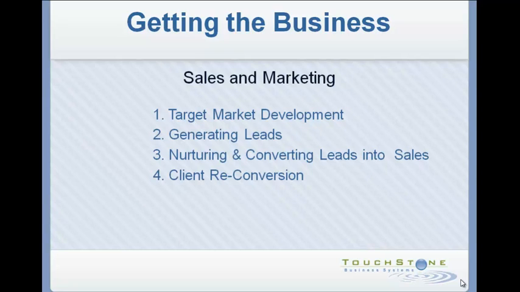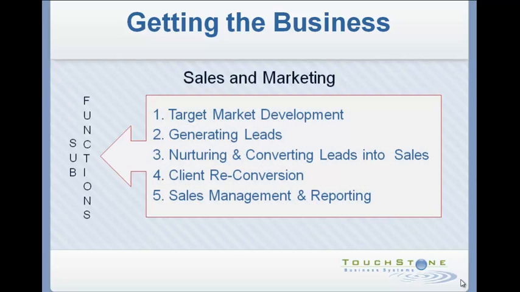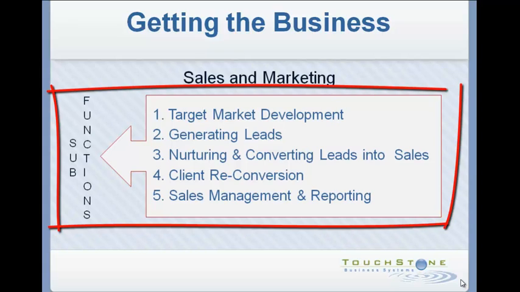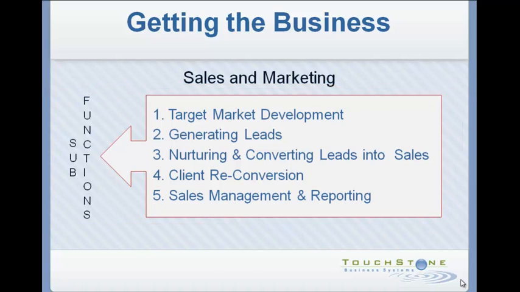Maintaining a relationship with existing clients, selling them new products and services. Sales and management reports. So in TouchStone, these are the sub-functions. Your key function will be called sales and marketing, or getting the business, and your sub-functions will be anything that you like. But as an example, these 5 could be your 5 categories or sub-functions.